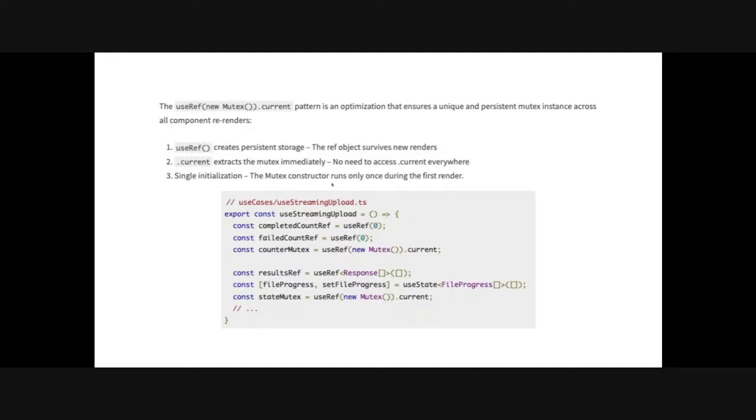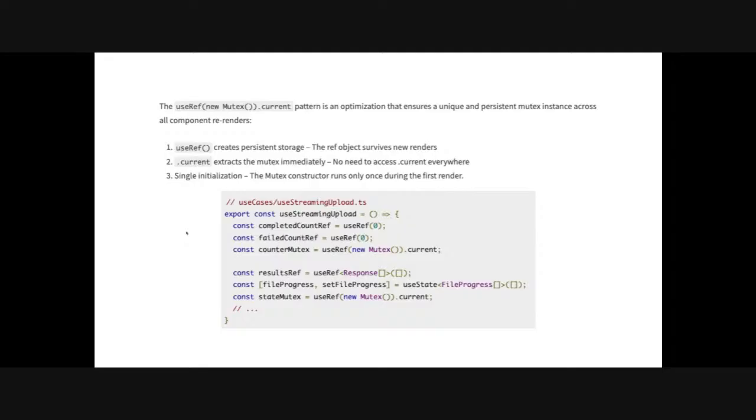So what do we want to share? We want to share the amount of completed tasks, the amount of failed ones, and we will have a mutex, the counter mutex, that will help us update and read those two when necessary.